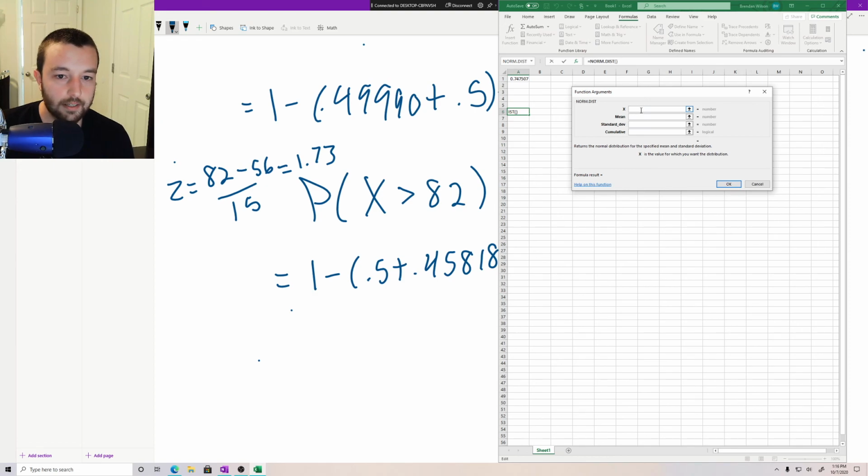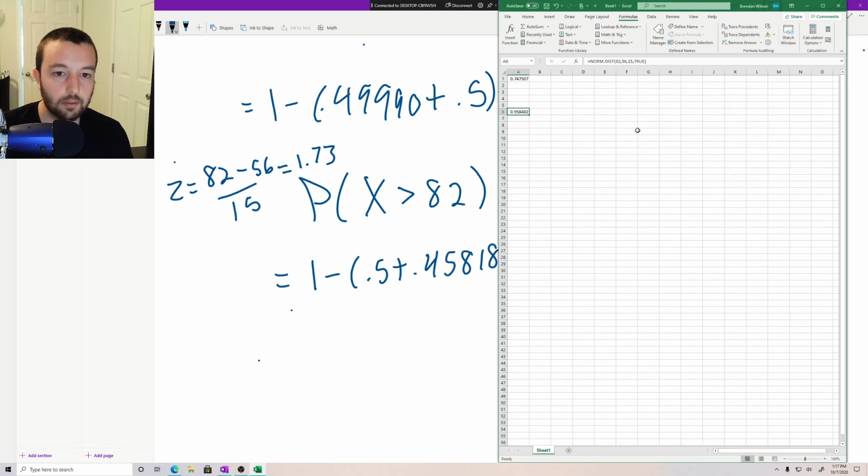So we'd put in x as, the advantage of this is we don't have to standardize it. So we put in x is 82. Our mean is 56. Our standard deviation is 15. And then we do want the cumulative function. So we get the 0.95, all that.